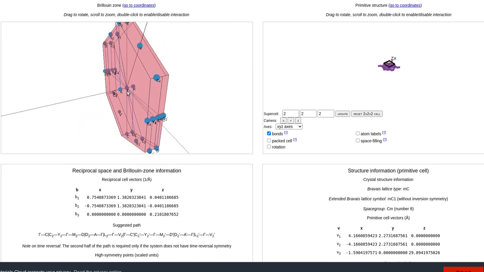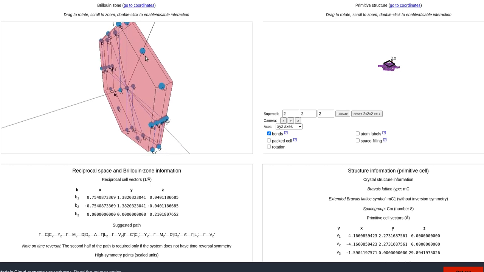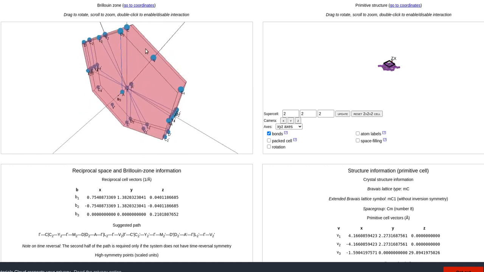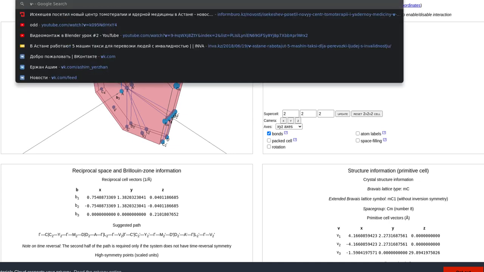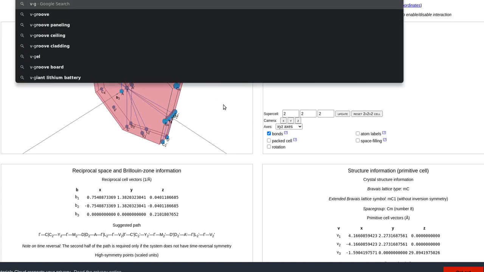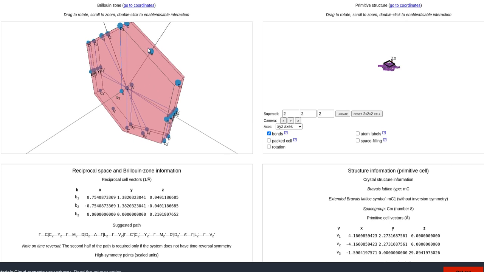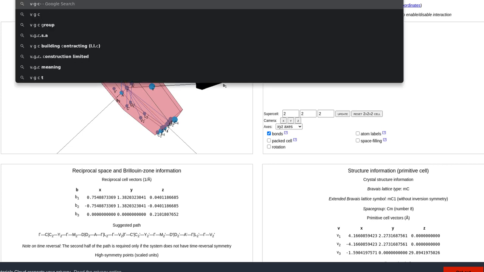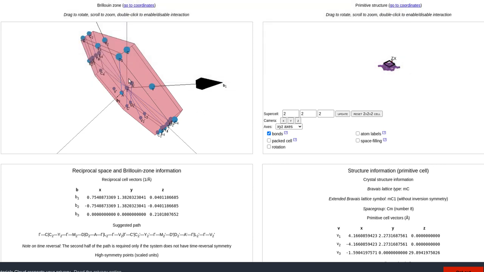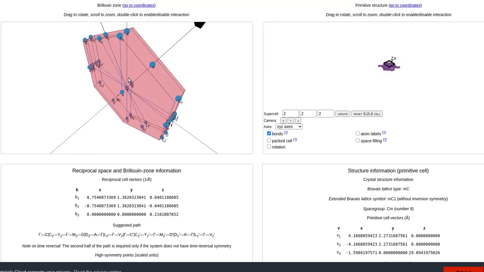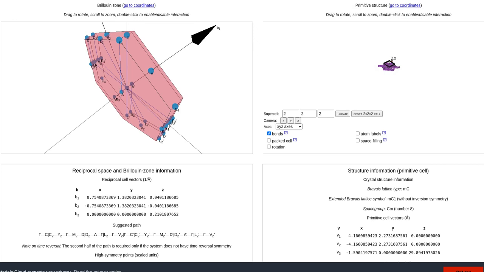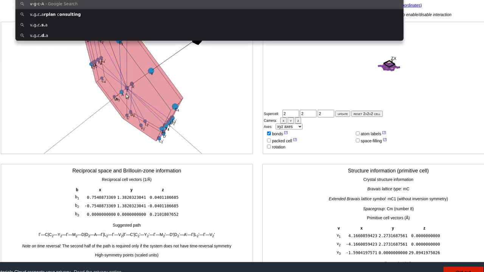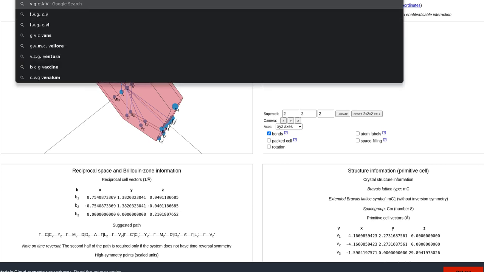So we should start with, let's say, V. Let's start with V and go to gamma, and from gamma to C, from C to A, and from A back to V. Yeah, that should be pretty nice.